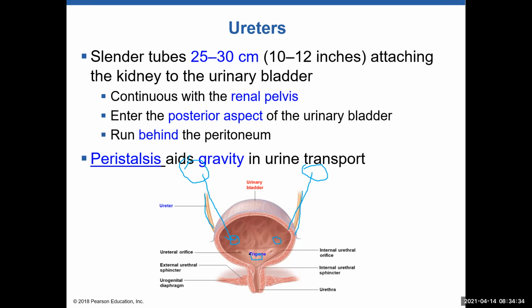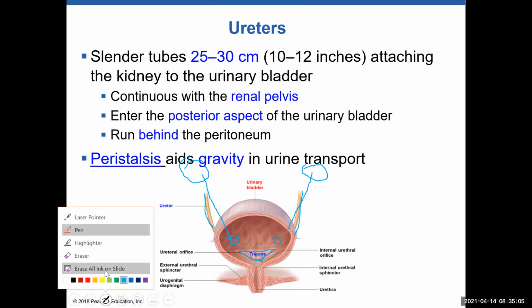This results in the formation of the trigone area, the triangular area within the bladder. This part usually gets infected. Most of the time when we say infection, this trigone area is mostly infected. Let me show you the diagram very clearly.